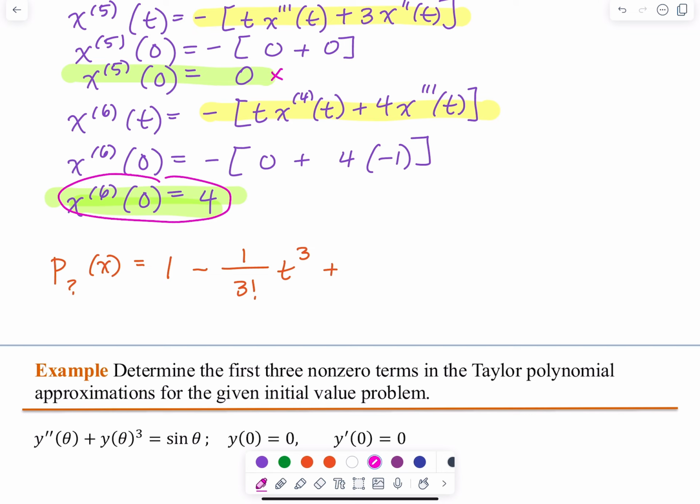So we will have 4 divided by 6 factorial multiplied by t to the 6th power.